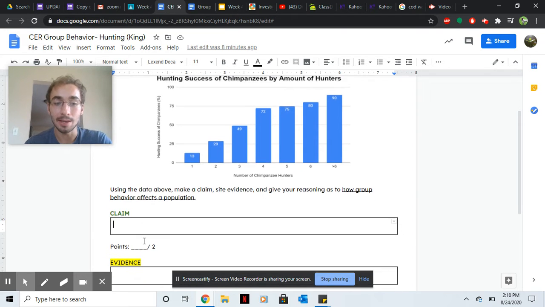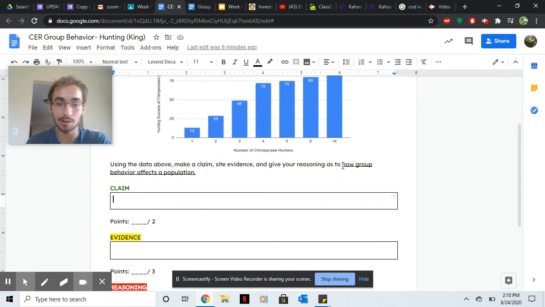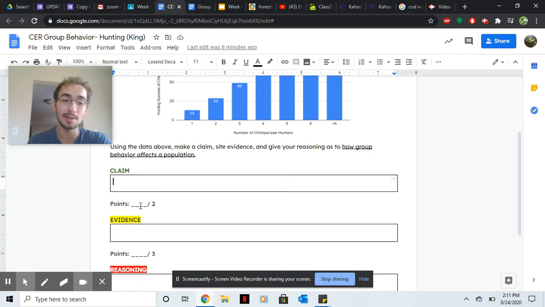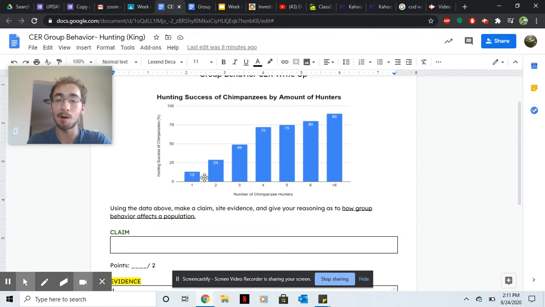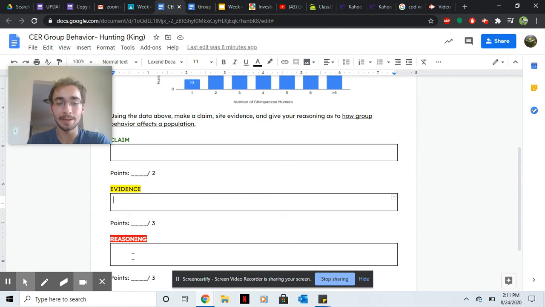So in your claim, answer that question that's underlined. How does working in a group affect the population? Answer that in your claim here. And then for evidence, give me data and an explanation to support how working in a group can help the hunters. That's your evidence. And then reasoning is you're connecting your evidence to your claim.